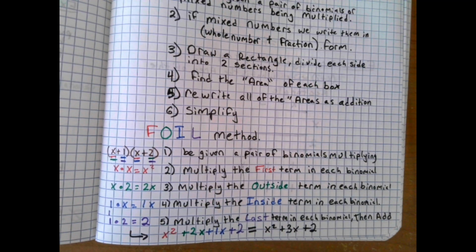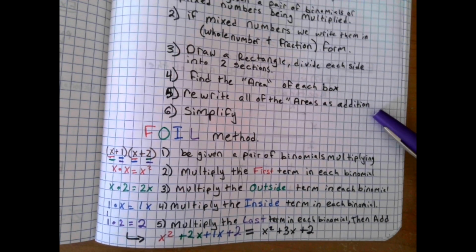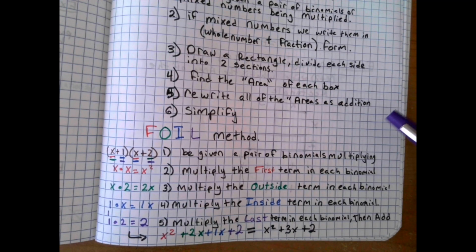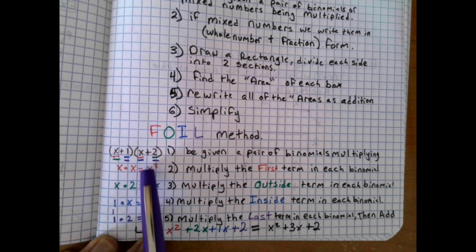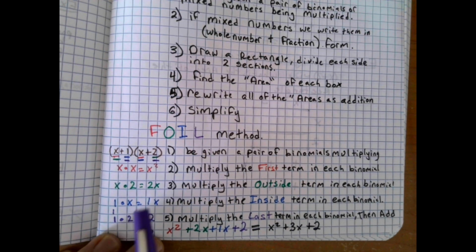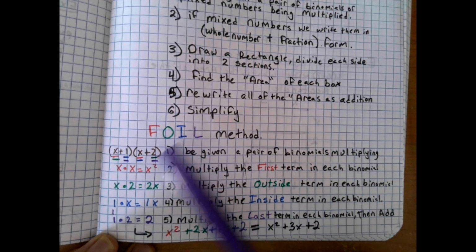Now there is one small step, and it's very similar to step 5 of the box or rectangle method. And that is that we're going to rewrite all of the areas as addition and then simplify. So here we would take x squared plus 2x plus 1x plus 2. Notice all of these terms are positive.